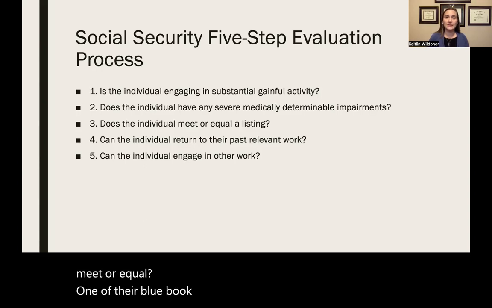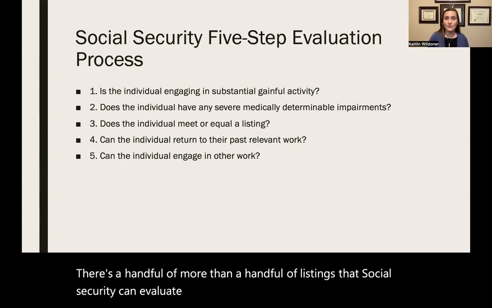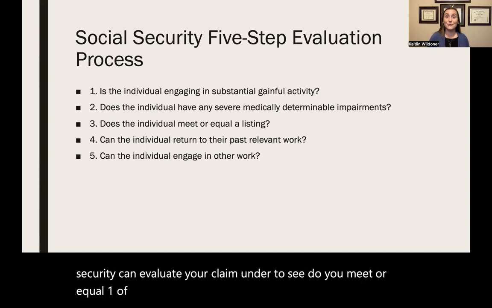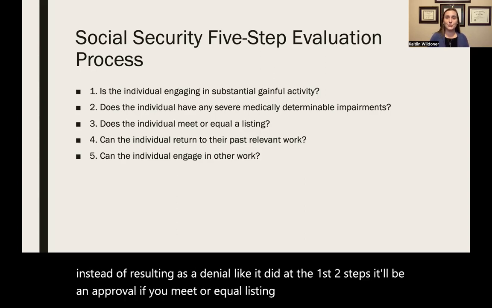As we'll talk about in a few minutes, there's more than a handful of listings. If you do meet or equal one, the evaluation stops there, but instead of a denial, it'll be an approval.